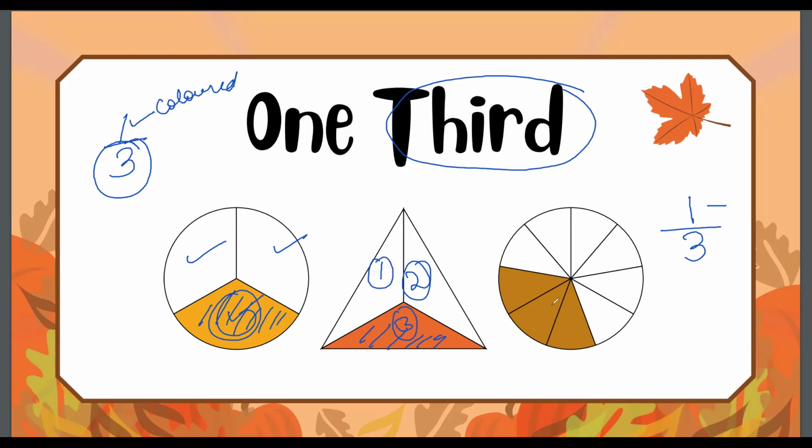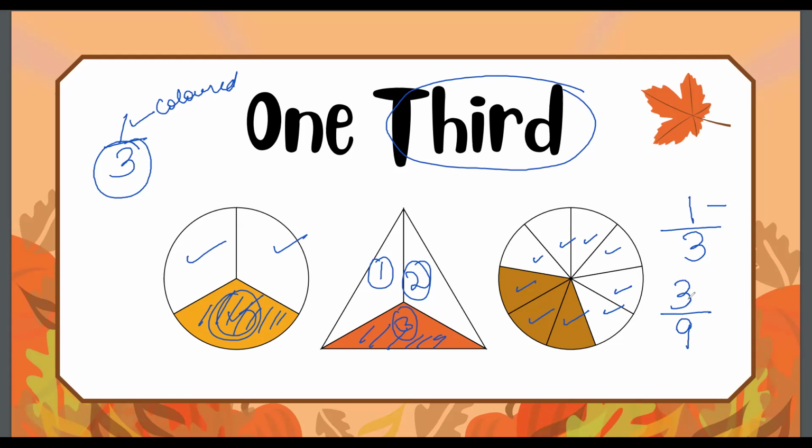Now let's talk here. 1, 2, 3, 4, 5, 6, 7, 8, 9. Total how many parts? 9 parts. But how many colored? 3 colored. Now you will say that this is wrong, right? You told us about 1/3 and here we have 3/9. So you need to simplify here.